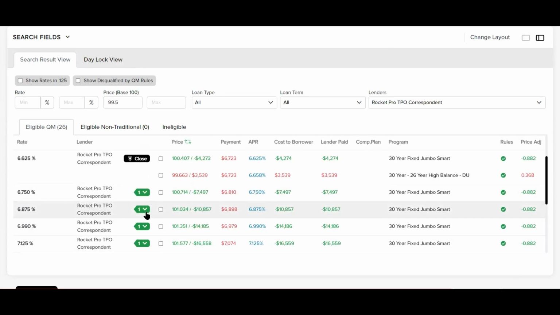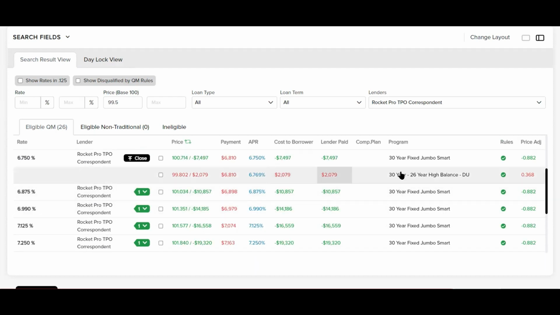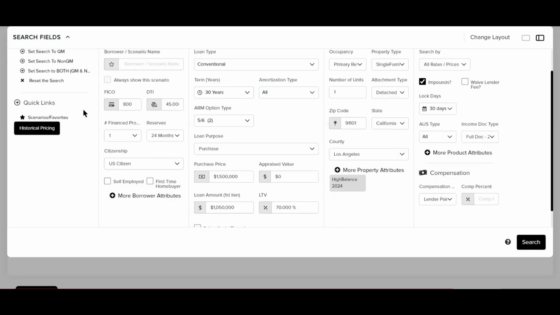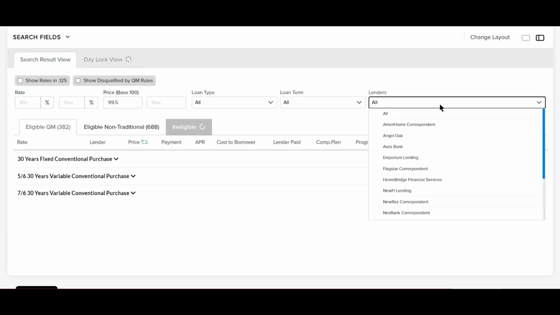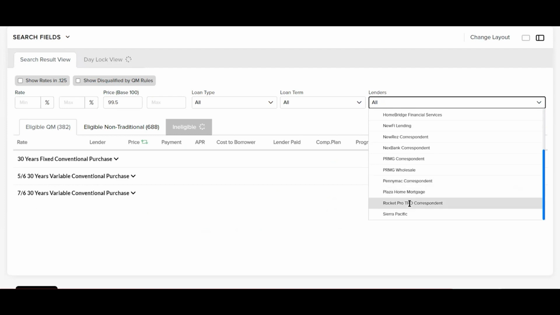The other one in each category is going to be high balance. As you open these things up, it's going to bring in the high balance because it's bringing up the best pricing first. So now if I go up here and say, okay, let's go up to a 46% DTI and research, I'm going to keep it on Rocket just so we can look at the same stuff.